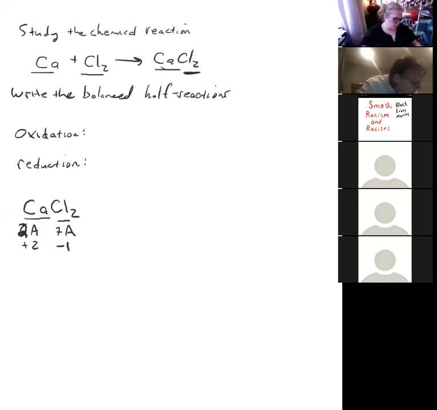So that means we can break this up into calcium +2 and chloride -1. Okay. So let's do the calcium first. Calcium is the metal, so I'm going to put it in the oxidation, and it's going to get converted into Ca+2.